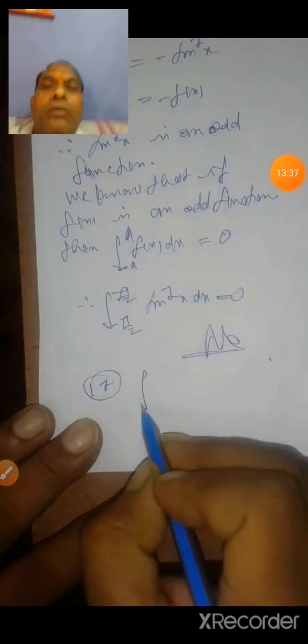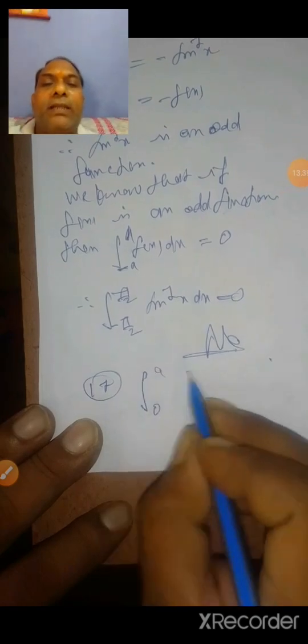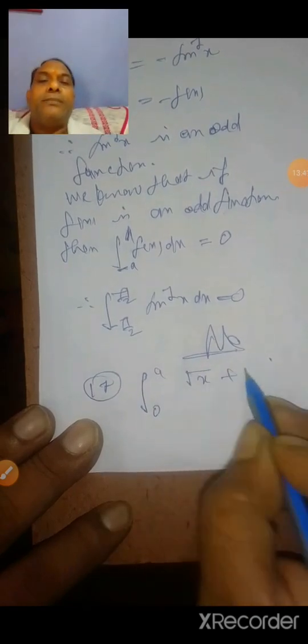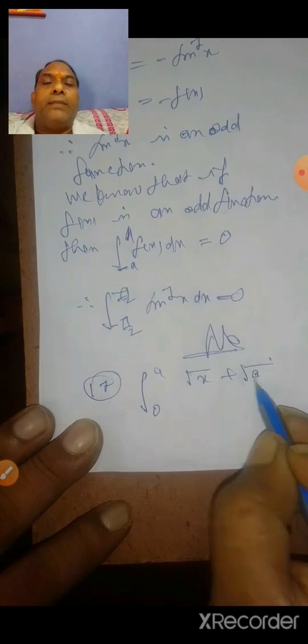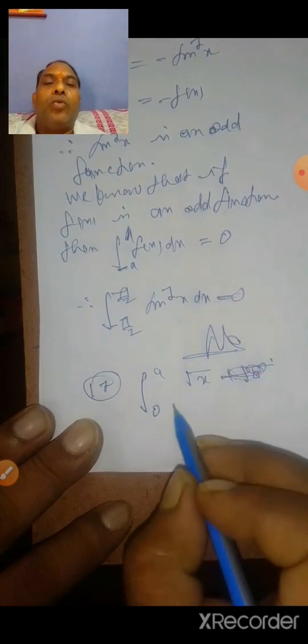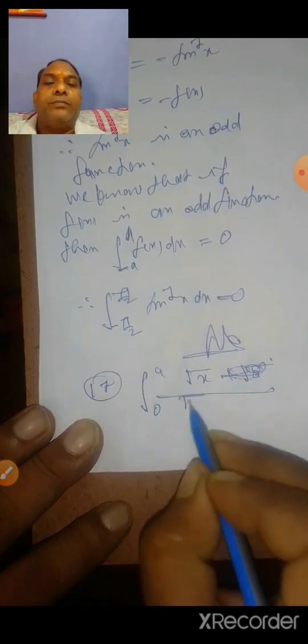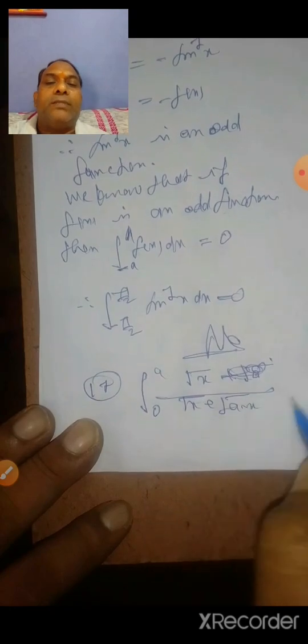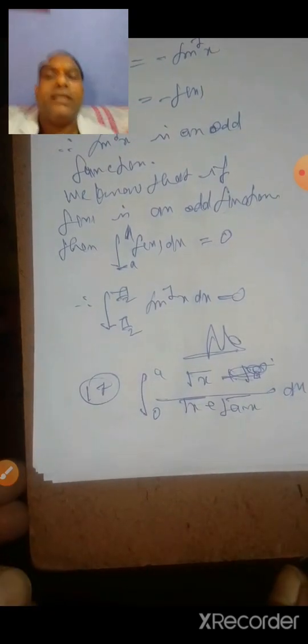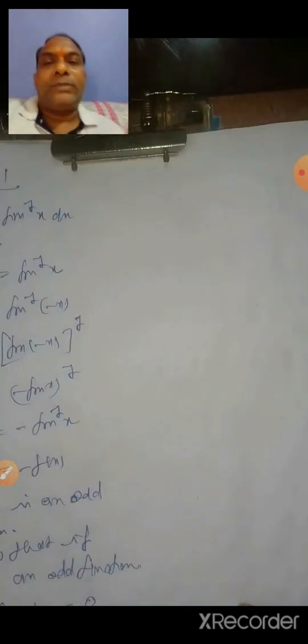Now next question, question number 17. Integration 0 to a root x upon root x plus root a minus x dx. You have to integrate. So you can use the property here.